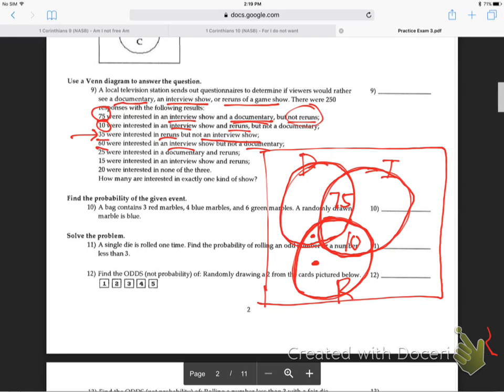See if you can identify the 2 regions that are interview, not documentary. They're in the I circle. They're not in the D circle. 2 regions. Let me give you a minute here.